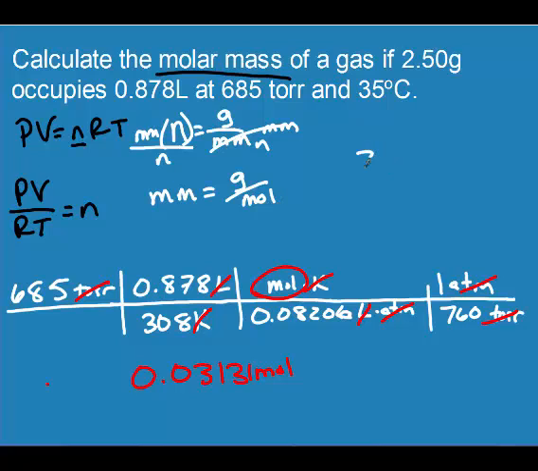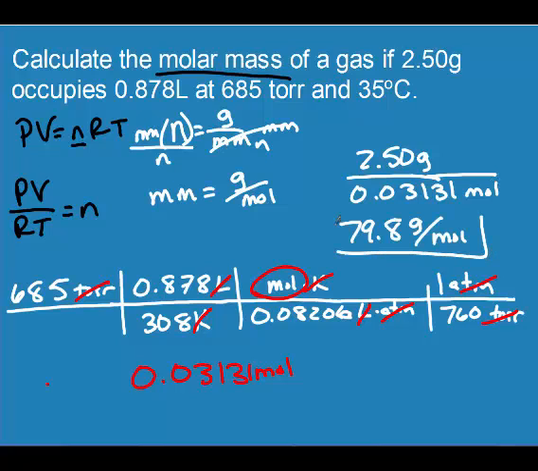So I know my grams, and I know how many moles I have. So I just need to divide those and put my answer in 3 sig figs. So 79.8 grams per mole. And then I could look at the answer choices and decide what gas that most likely is.